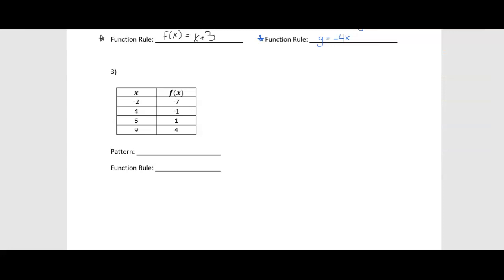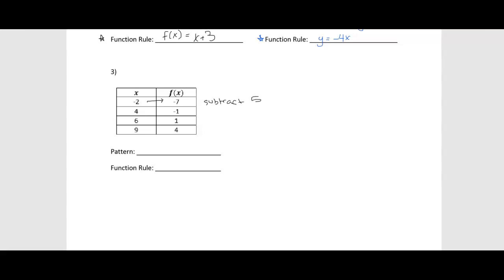So we are going to look at here, so looking from x to f of x, -2 to -7. Obviously multiplying is not going to work because you can't get to -7 very cleanly. So how did we do that? -2 down to -7 would be subtracting 5.